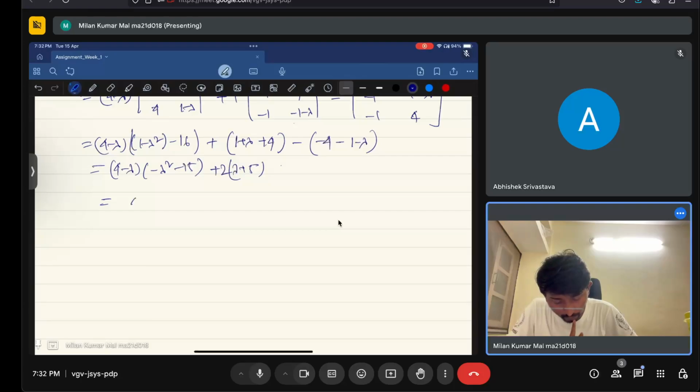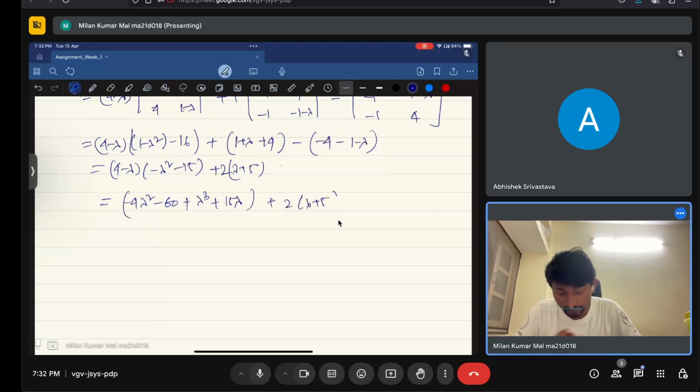So here it will be 4 lambda squared minus 60 minus lambda cubed, minus lambda minus 4 lambda squared, minus 60 plus lambda cubed plus 15 lambda, plus 2 lambda plus 5. So I hope lambda equals minus 5 will be a solution.